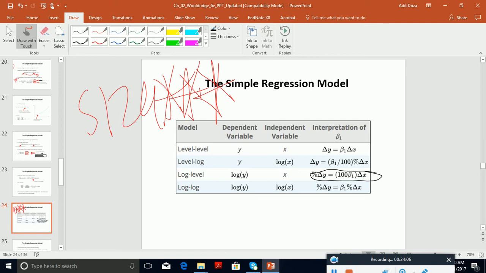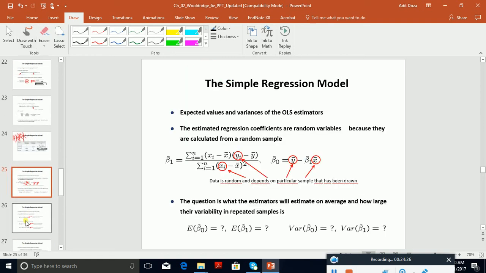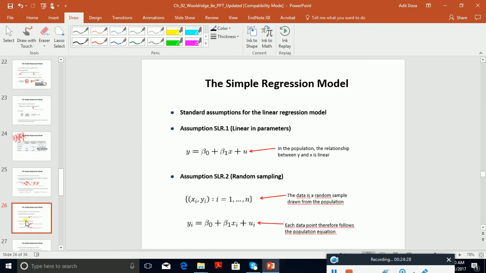So when both are log form, percentage change. If both are linear form, then unit change. But when one of them is different, like one is log and one is level, then we have to be careful in saying the things. We covered this in the statistics part as well, right? These things.